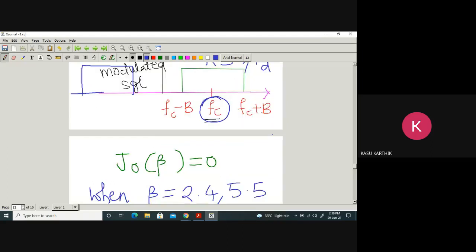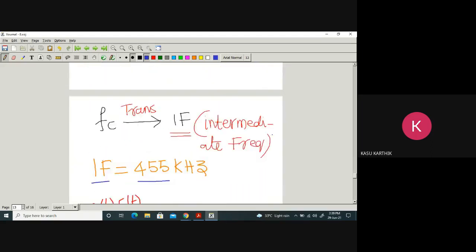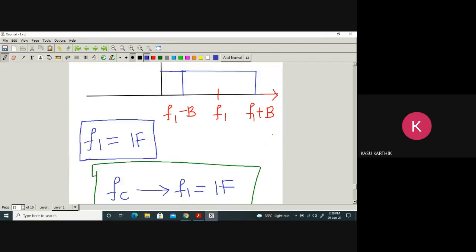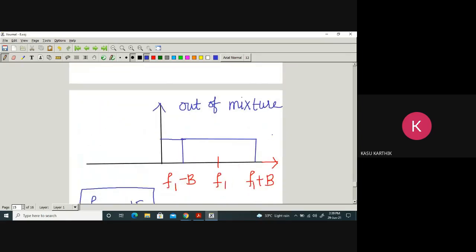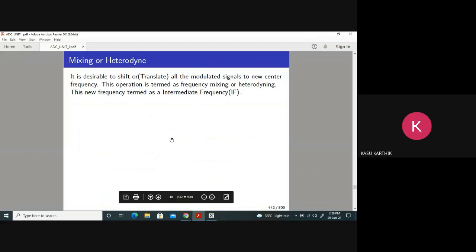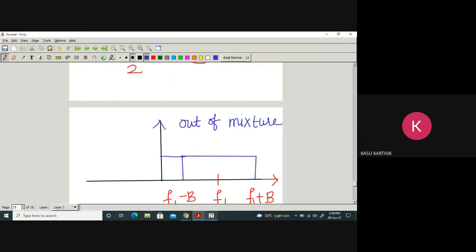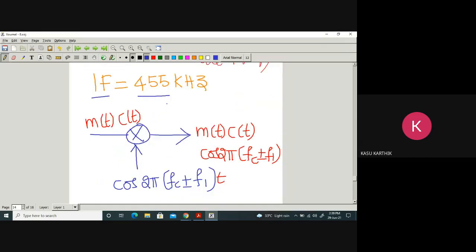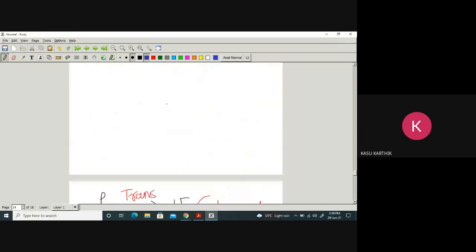Now, what is mixing? It is desirable to shift or translate all the modulated signals to a new center frequency. Please remember, now we are changing the center frequency of what signal?